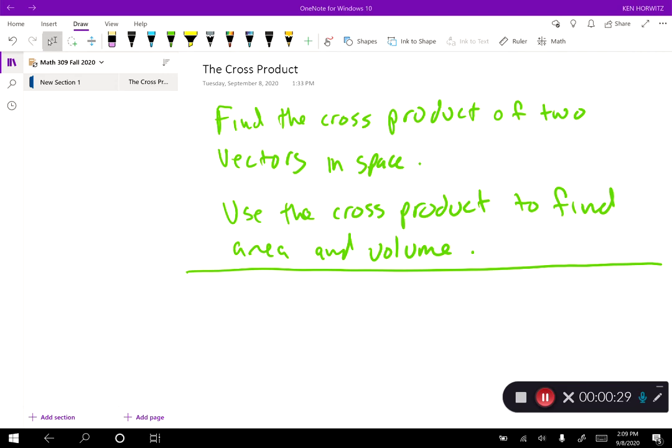The cross product is used in many different areas, things like engineering and geometry.